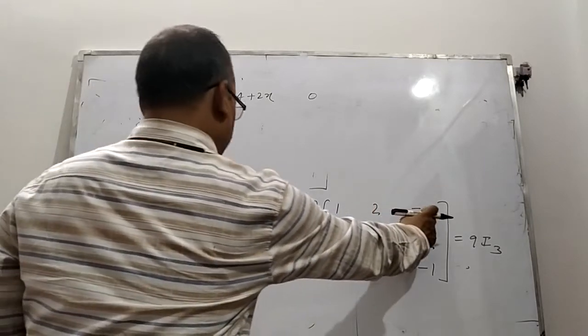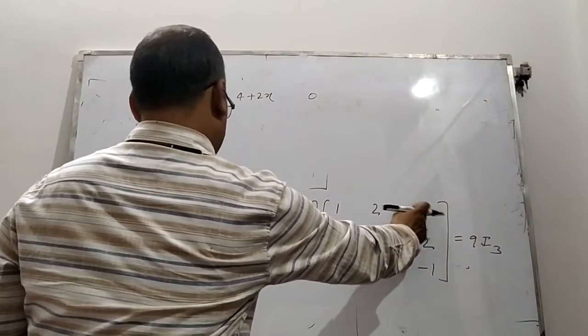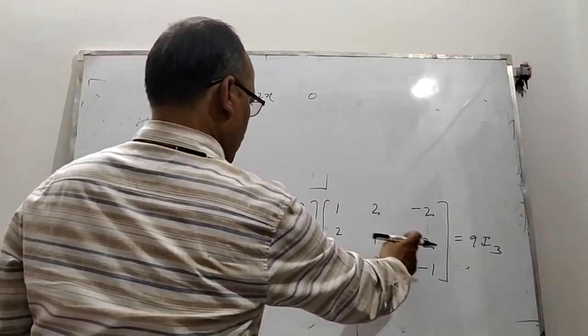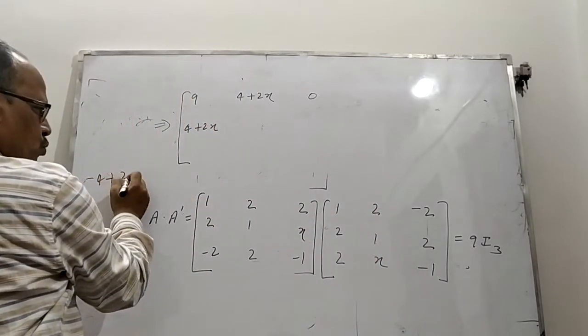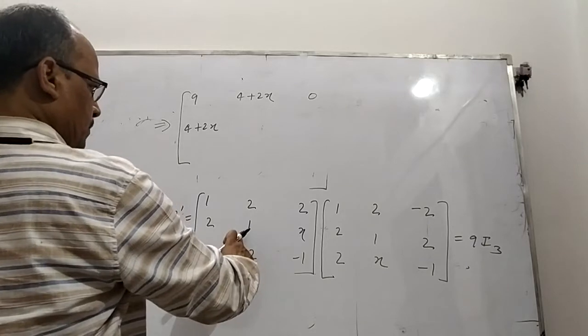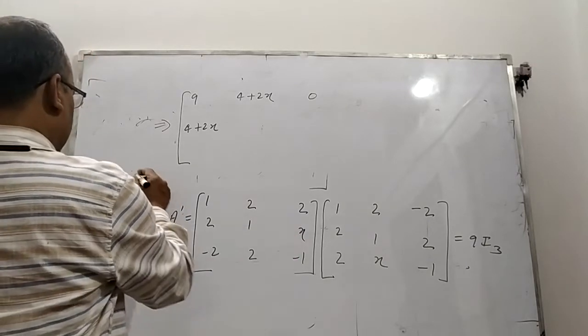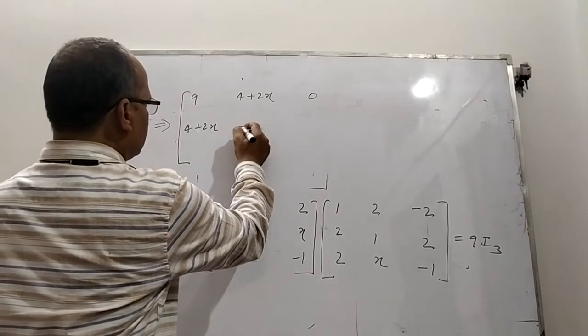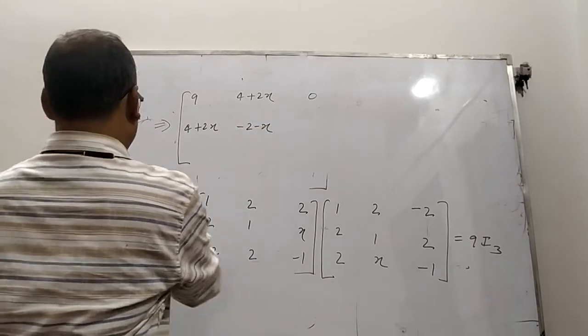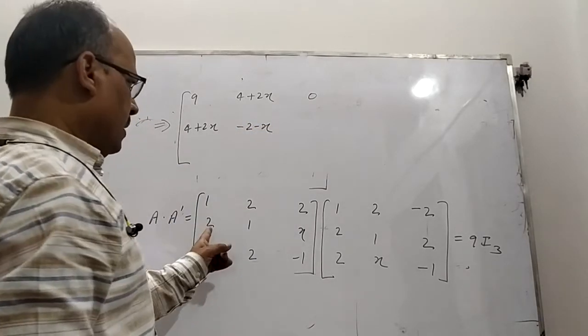Then it is multiplied here, minus 4, minus 4 plus 2, or minus x. Minus 2 minus x. Okay.